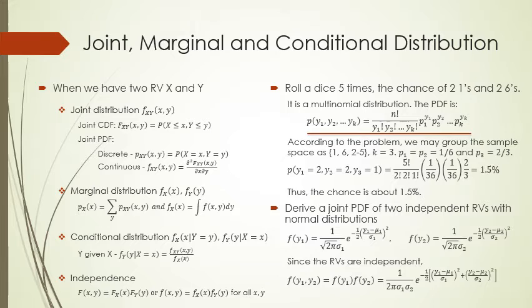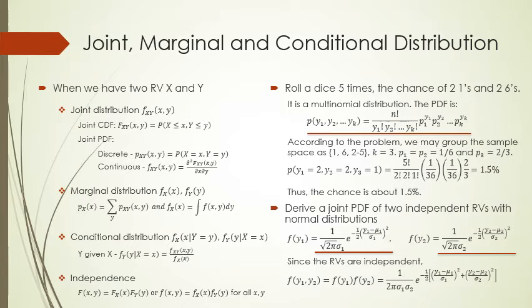Next, let's find the joint distribution of two independent random variables with normal distributions. As we learned, the marginal probability density functions of random variables with normal distributions are written here as fy1 and fy2.